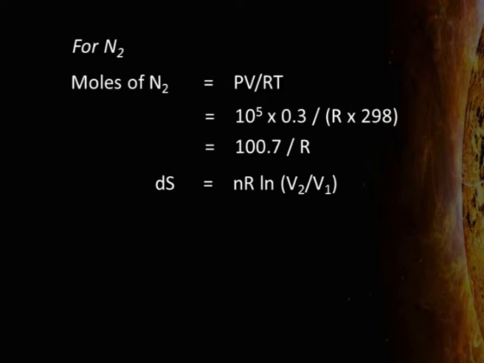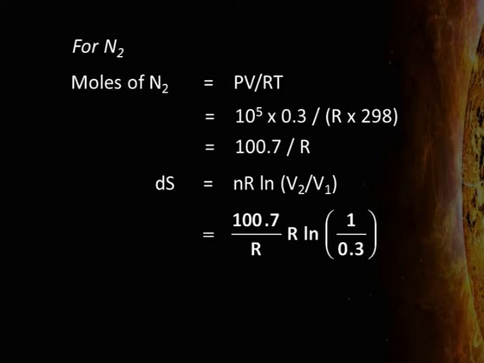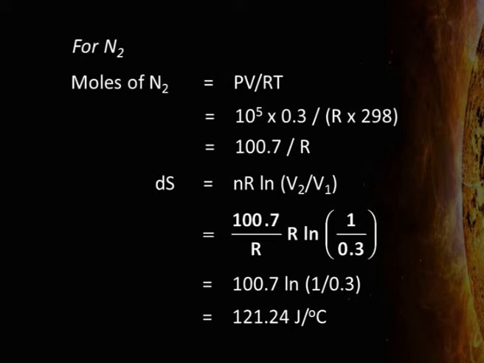Therefore, dS will be equal to 100.7 divided by R multiplied by R natural log 1 upon 0.3, which we will get 100.7 natural log of 1 divided by 0.3, which is equal to 121.24 joules per degree Celsius or joules per Kelvin.